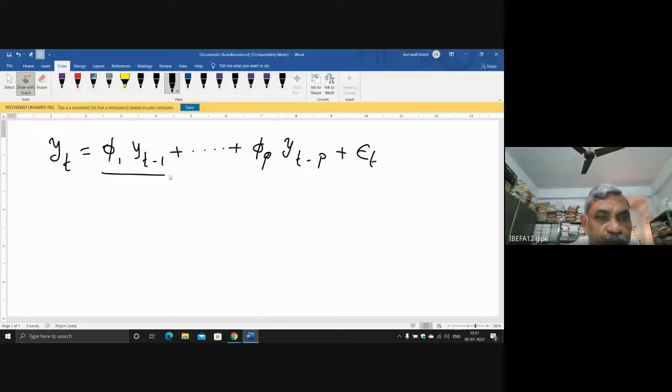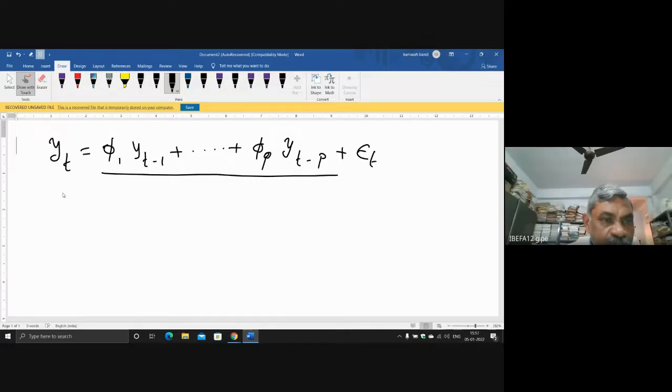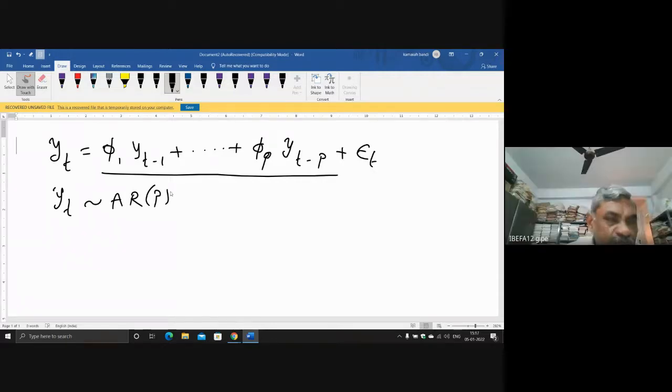This is an AR(p) process. Yes, of course, here there is no intercept term. So this is an AR(p) process.